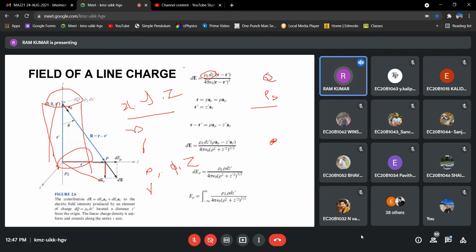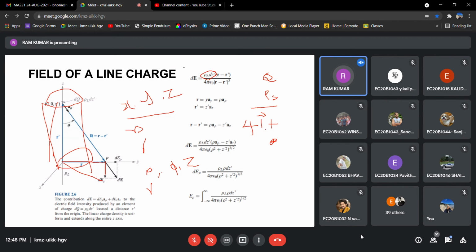So when you substitute over here, what will happen? R is rho a_rho, r dash is z dash a_z. You may use i, j, k vectors instead of a_x, a_y, a_z. Same thing is represented here by a_x, a_y, a_z or a_rho, a_phi, a_z.